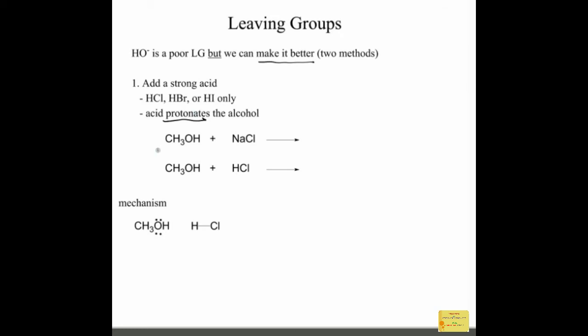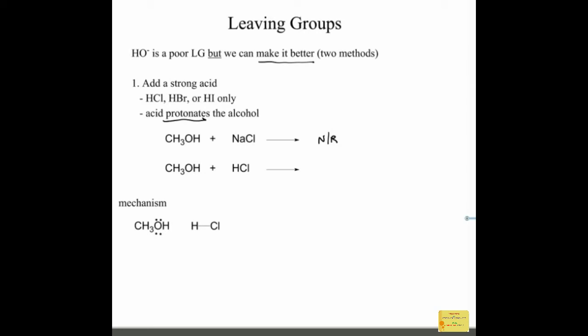So, for example, let's take a look at the reaction we just saw. We said, what happens if methanol reacts with sodium chloride? This is the one where we said the reverse substitution would be the favorable one. So here we would say that there's no reaction. Hydroxide is too poor of a leaving group. Chloride could never displace it, either SN1 or SN2. It doesn't matter which mechanism we're looking at, because now we're just looking at the energy of the starting materials to products.